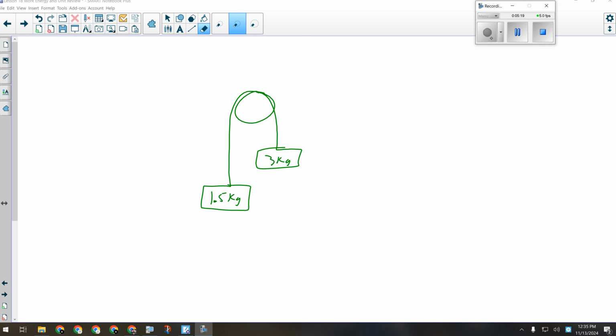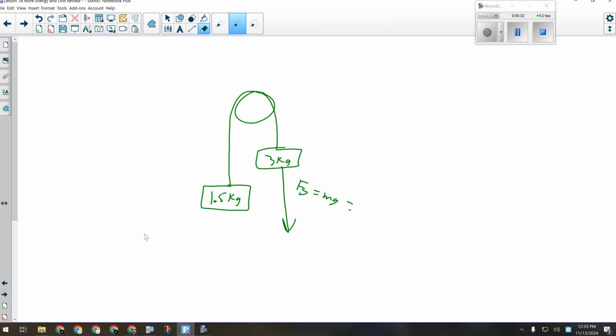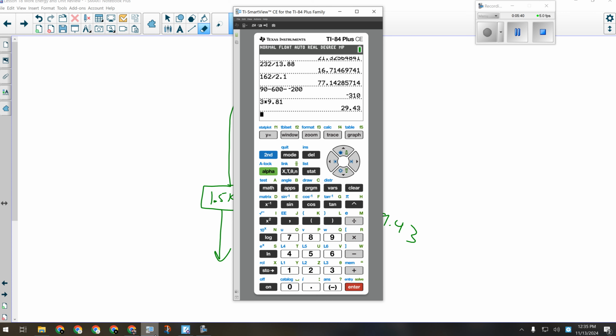Okay, so our forces here are the force of gravity, m times g, so 3 times 9.81, 27 point something, right? 29.43. And then this one's going to be like 14 point something, right? Oh, not 15, 1.5 times 9.81.